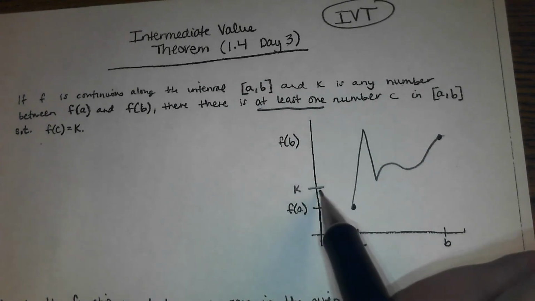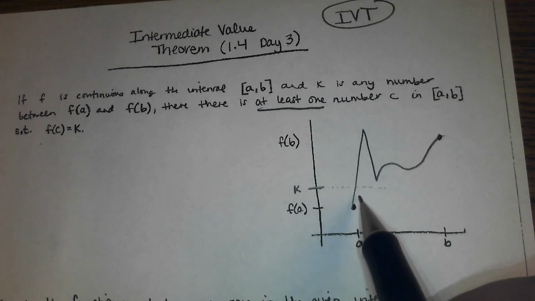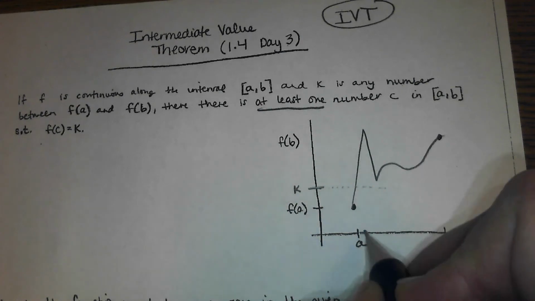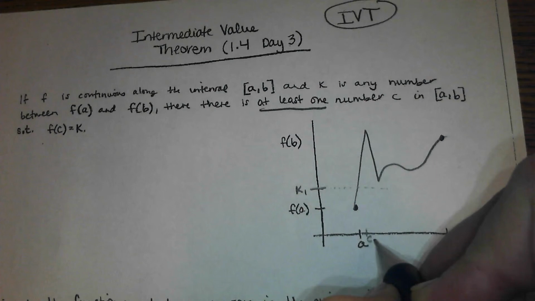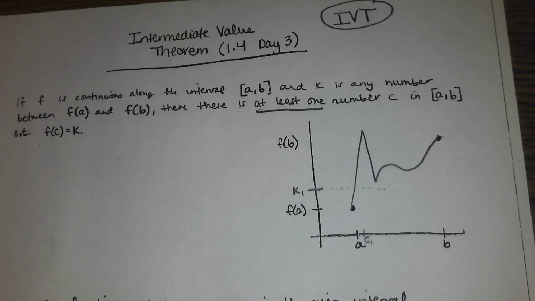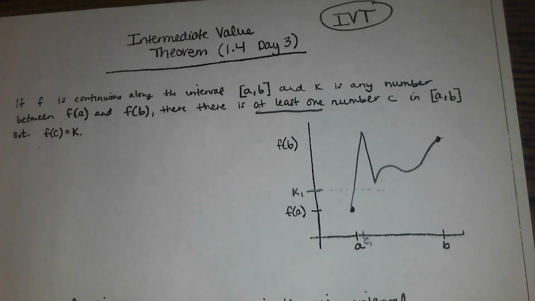So if I put my k there, which I did, my c value is really pretty much right after a. I'm going to put k1 and c1 because that's just one example. And so we have to have at least one point that really crosses that k marker, is what it's saying.